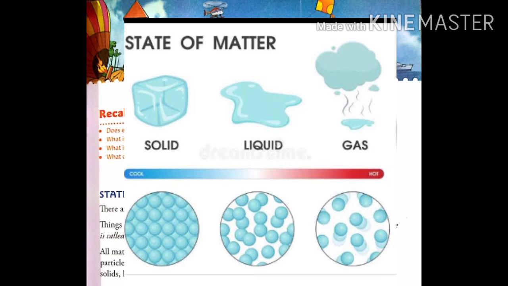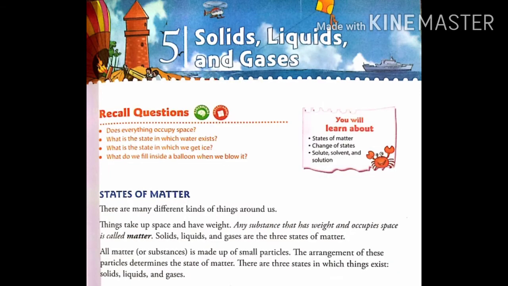Now, how do we determine whether a particular thing is solid, liquid or gas? Let's study further to know about this. All matter or substances are made up of small particles. The arrangement of these particles determines the state of matter. So students, all the things or substances which exist are made up of small or tiny particles.